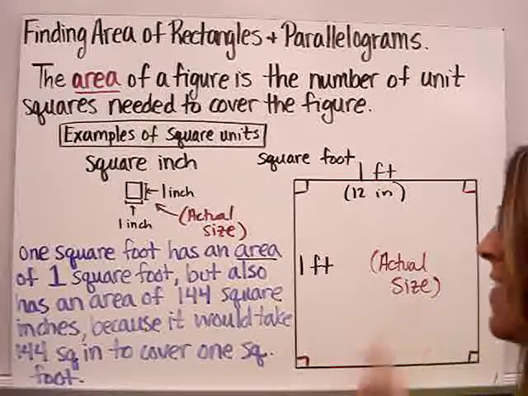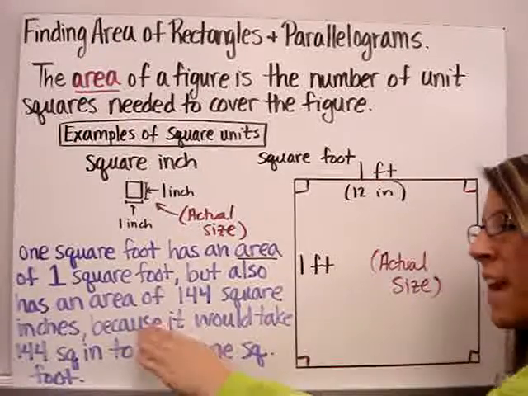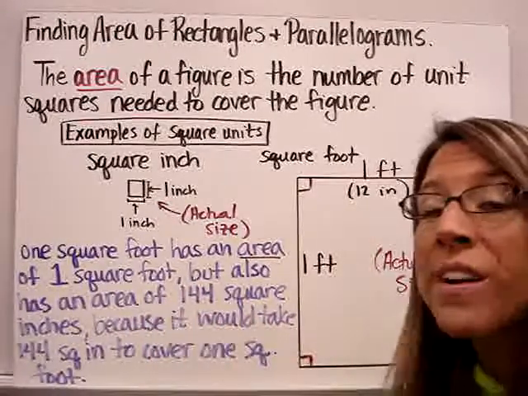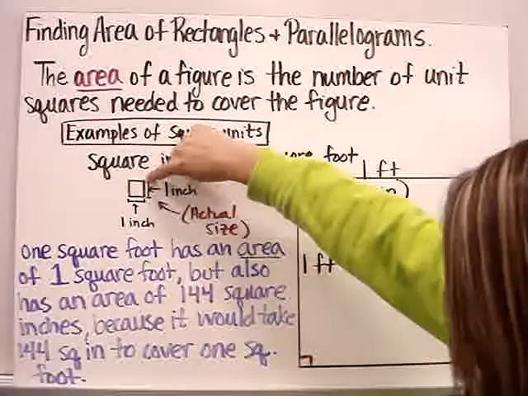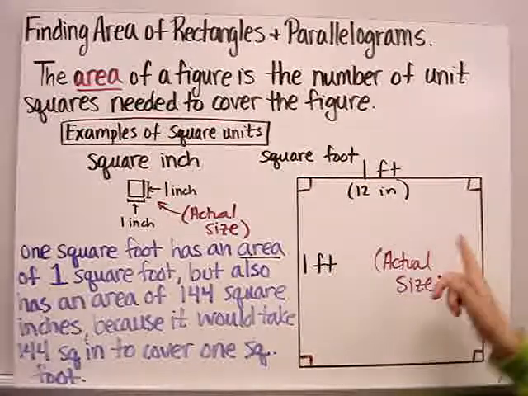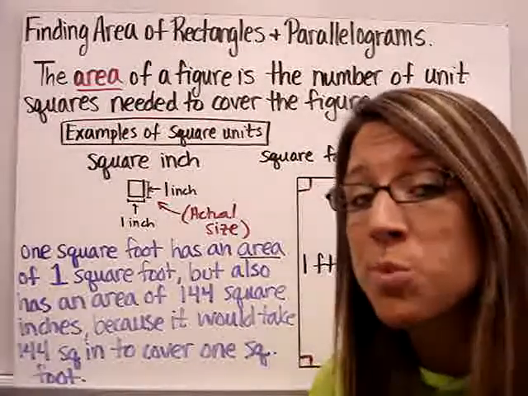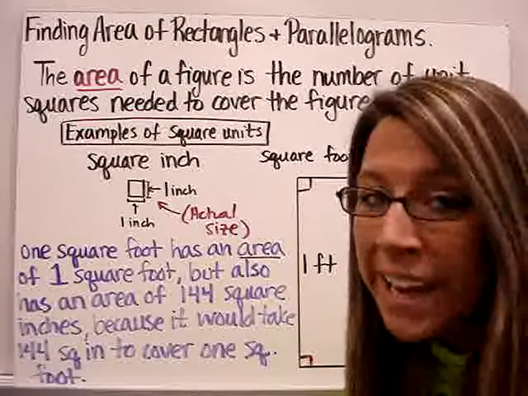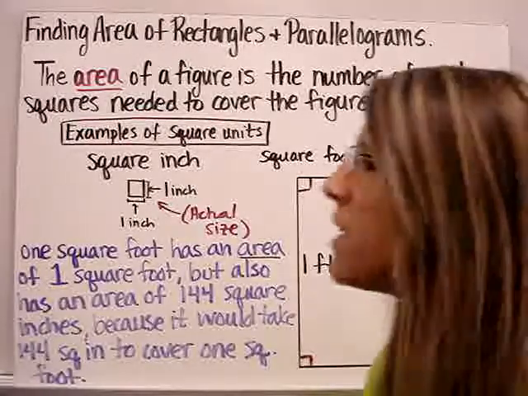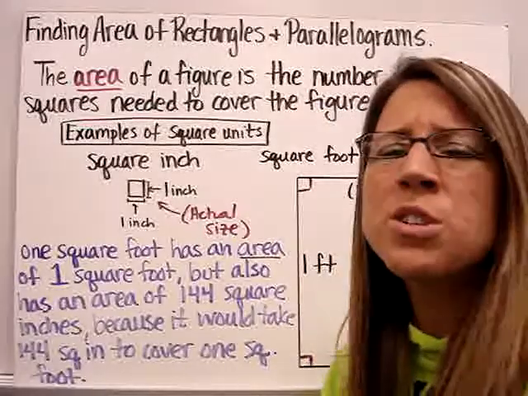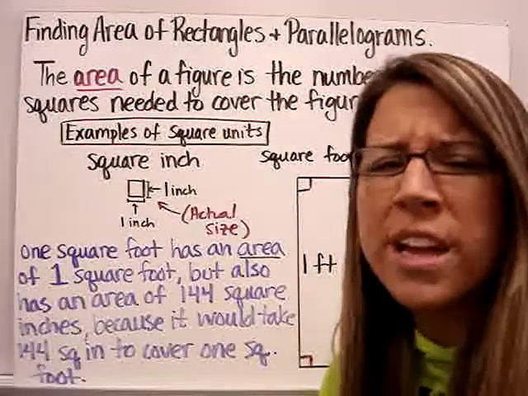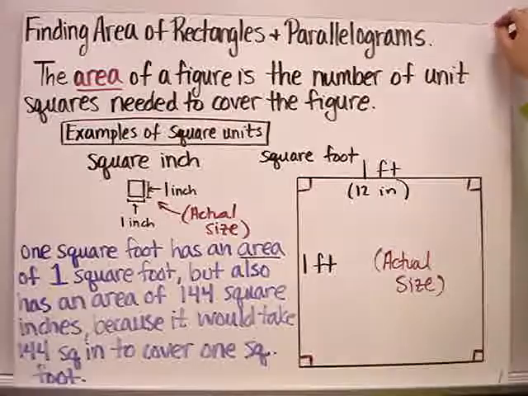But also, this space right here also has an area of 144 square inches because it would take 144 of these to cover this. So depending on the units we're using, the area will change. Well, the area doesn't change. The measurement of that area will change. The numbers we use to describe that area will change. Let me be specific.